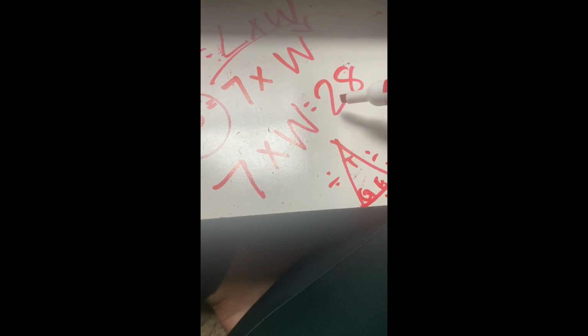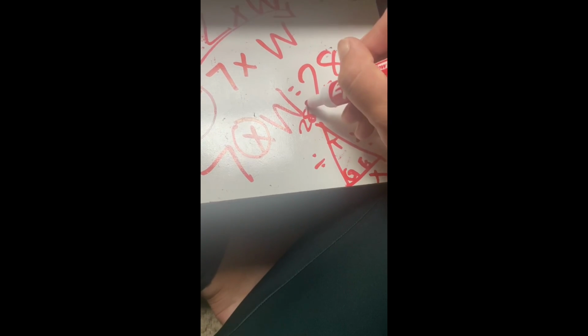7 times W equals 28. When I multiply, where is my total? Hopefully we are remembering that my biggest number when I multiply comes at the end. So 28, 7 something.